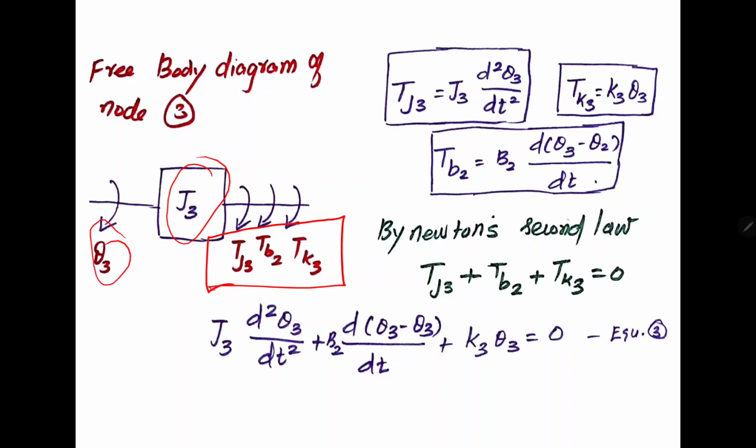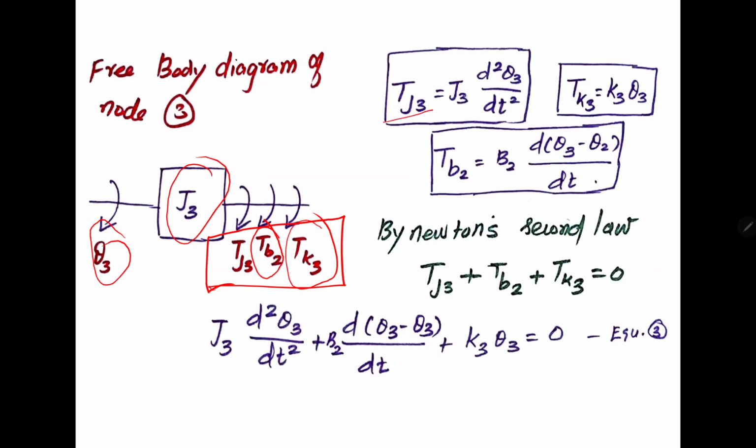Tj3 is the opposing torque of the mass element J3, Tb2 is the opposing torque related to the dashpot connected between J3 and J2, and K3 is the spring which is connected with the reference. Now the differential equations related to all these opposing torques are given here.